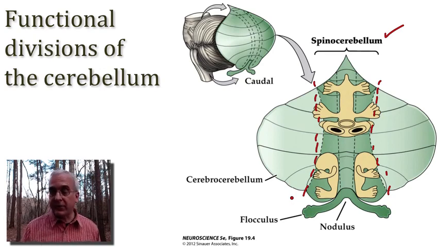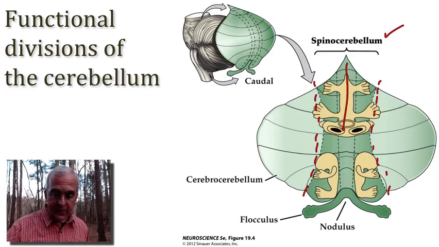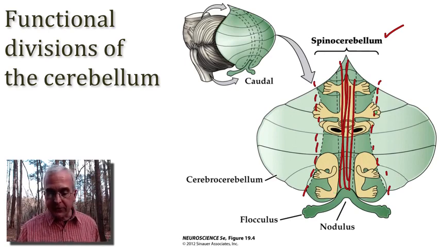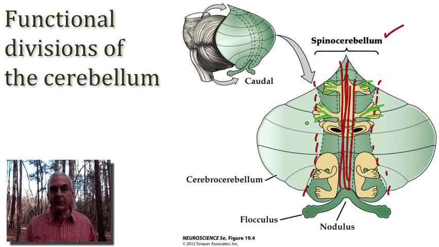And what I would especially highlight is the fact that the axial representation is closer to the middle of the spinal cerebellum along the region of the vermis, whereas the representation of the distal extremities extends outward from the vermis into this paramedian strip of cerebellar cortex that begins to extend into the lateral hemispheres.